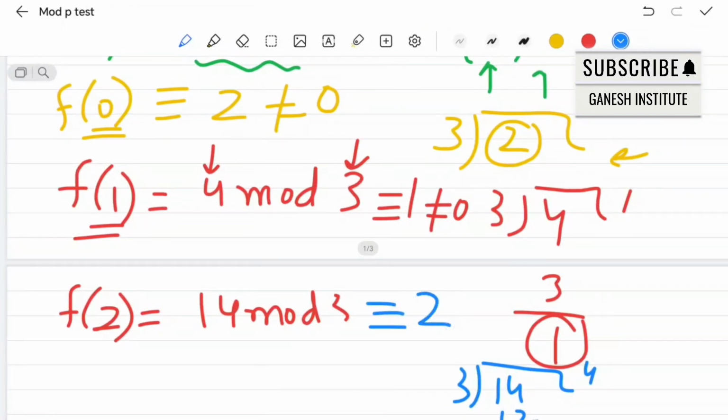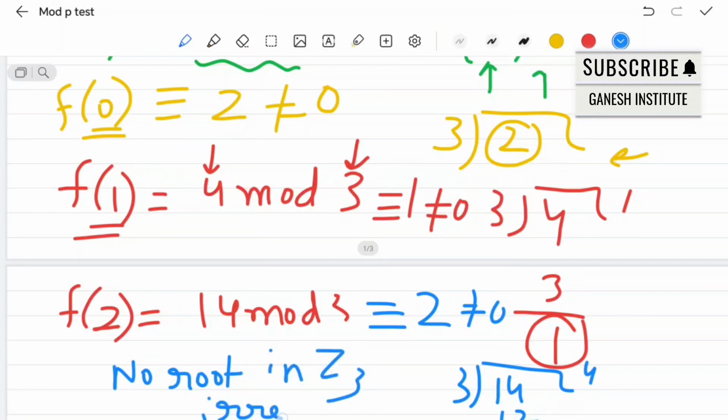So this is 2 modulo 3, right, which is again not equal to 0. So that's why we can say that no roots are lying in Z3, and hence there are no factors, and this polynomial is irreducible.